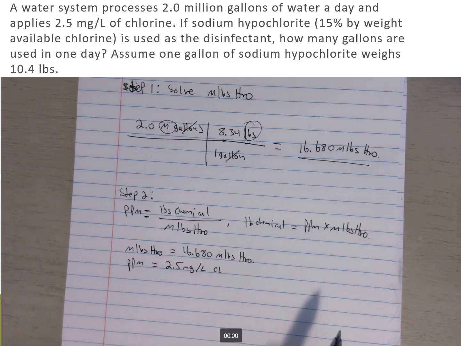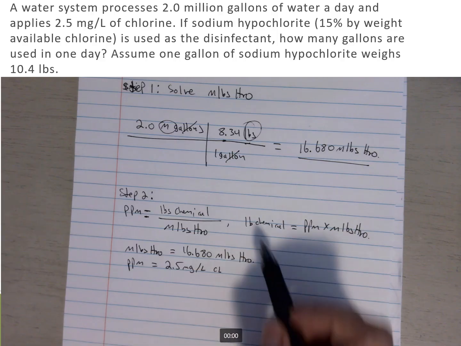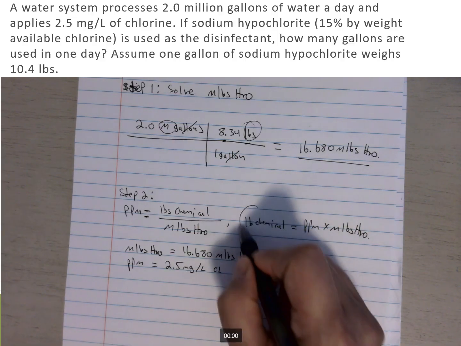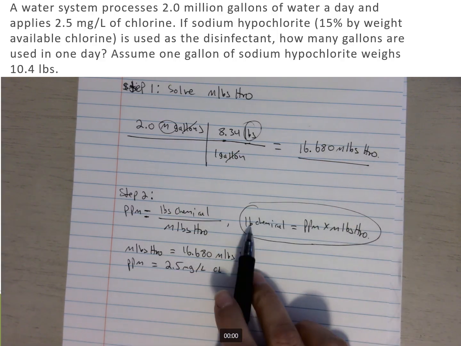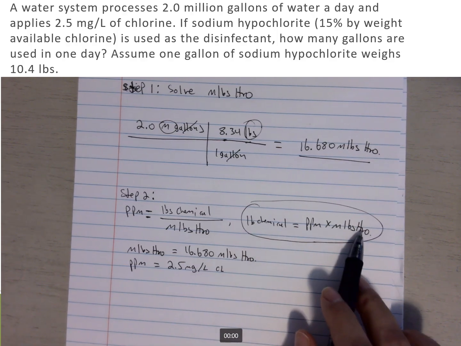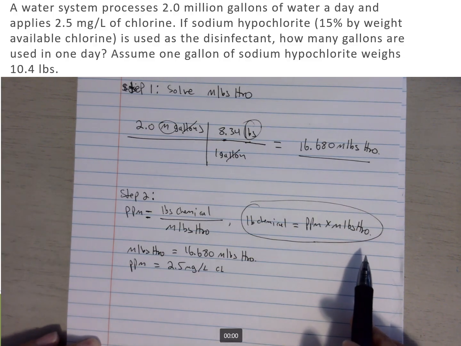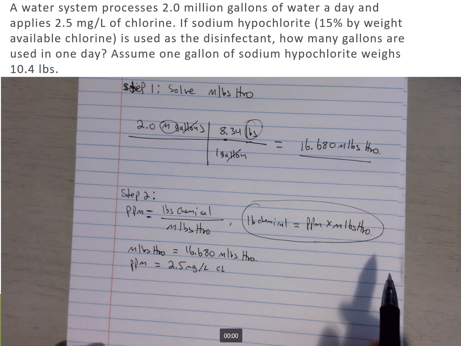So what we want to find from the problem statement overall is how many gallons of sodium hypochlorite we're using every day. From what we have, we can find the pounds of pure chlorine, right? Using this equation, pounds of chemical, part per million multiplied by 1,000,000 pounds of water, to then be able to use the 15% available by weight to find how many gallons we're using in a day, right?